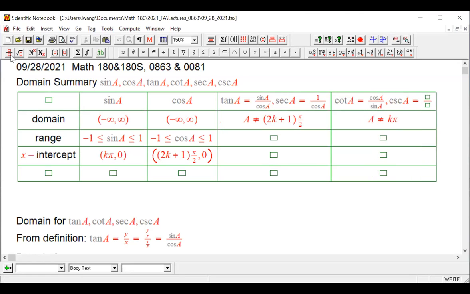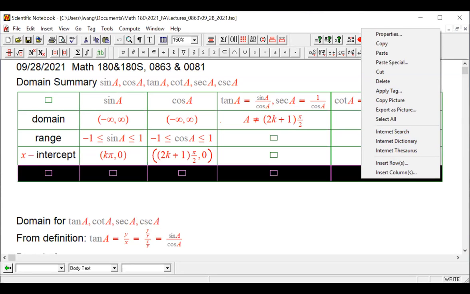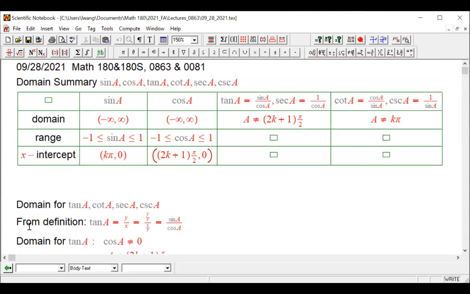It equals 1 over sine. We haven't done the range. You see, we still have much to do. So far, so good. Do you see those logical connections?